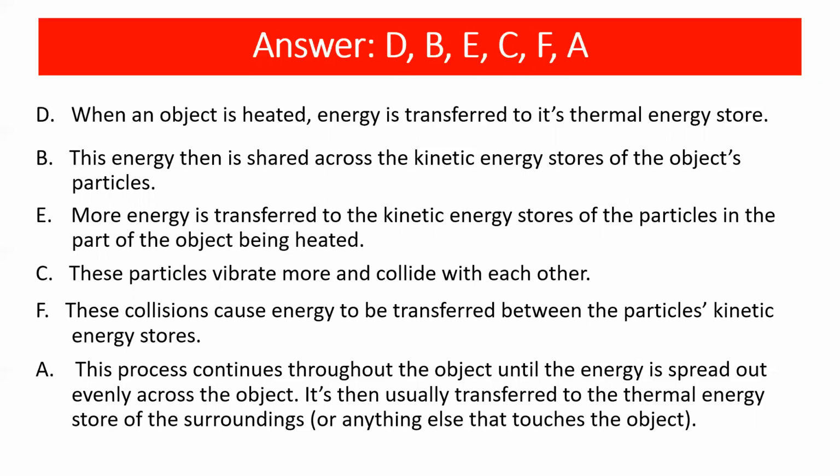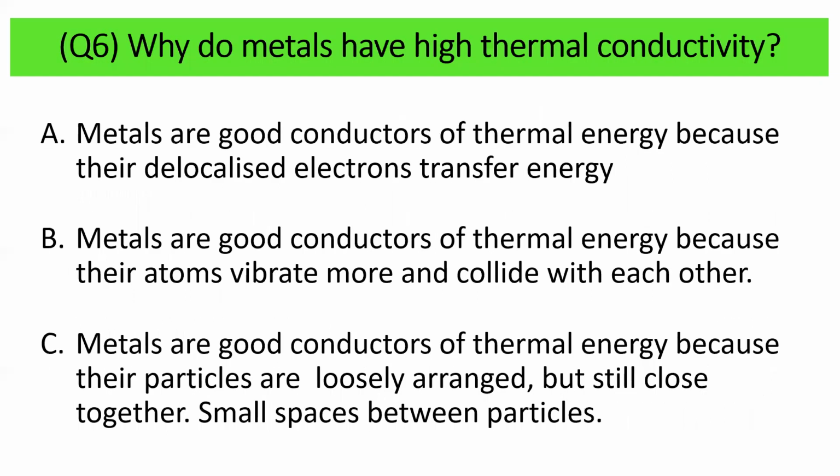And then eventually it will be transferred to the thermal energy store of the surroundings, or anything else that might touch that object. Right, question 6. Why do metals have high thermal conductivity?